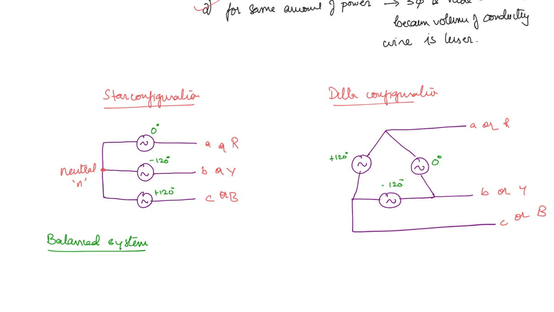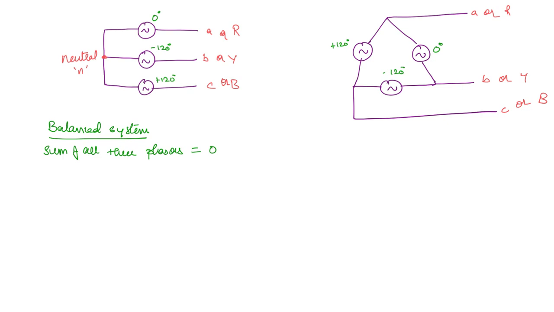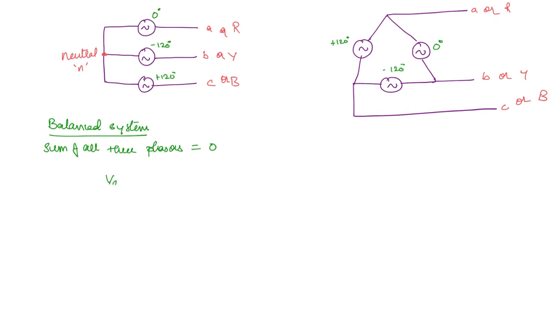The only condition is that the sum of all three phasors should be 0. If you take the phase A voltage as VA bar, phase B voltage as VB bar, and phase C voltage as VC bar, then if you add all three of them, you're going to get 0. This is what makes a balanced system.